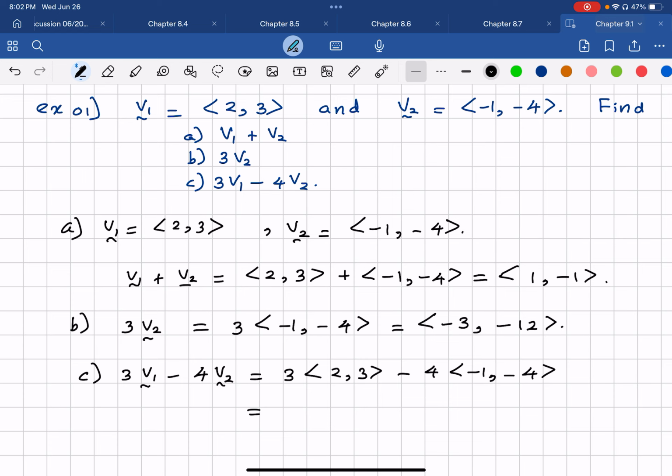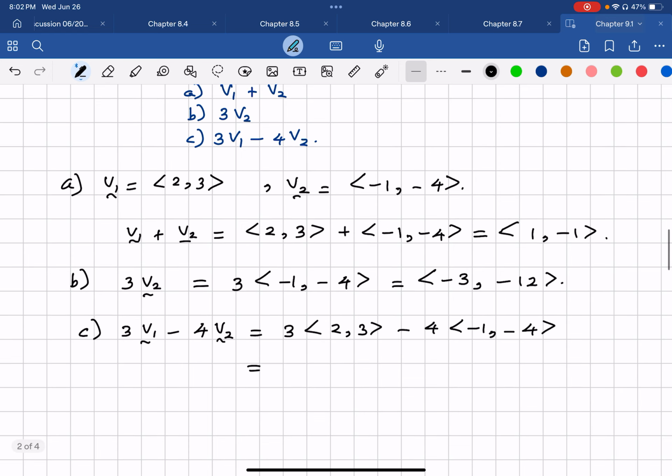First, I would perform the scalar multiplication. So what I would get is 3 multiplied by (2, 3), that would become (6, 9), minus, then I would multiply my vector v2 by 4, so then I would get (-4, -16).